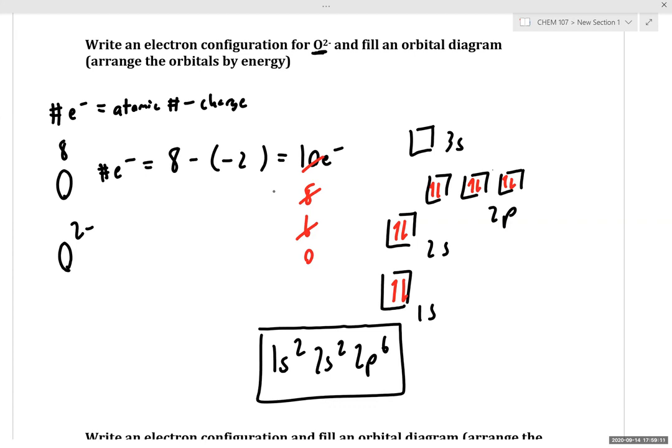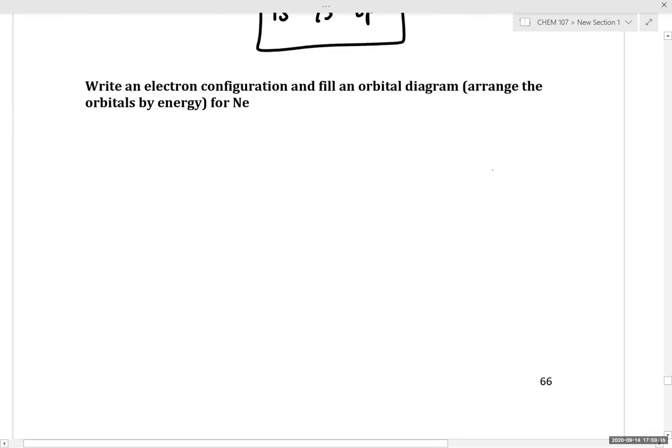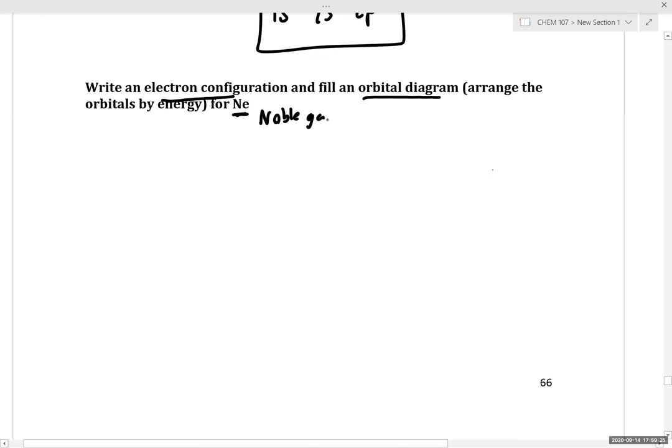Now I want everyone to write the electron configuration and orbital diagram for neon, which is a noble gas. And tell me, how does that noble gas electron configuration compare to our ion configuration? Let's work on this example for about 2 to 3 minutes, and then we'll discuss.